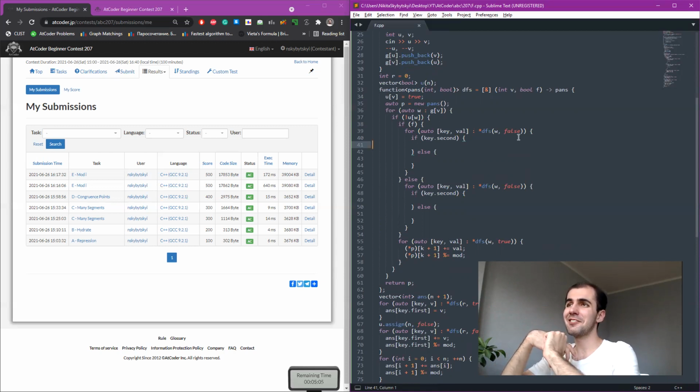Based on these three values, you can say what's gonna happen next. Like you create an empty map in the current vertex and you try to merge it together with the previous map. Oh no, it's still n cube, right? Damn it.